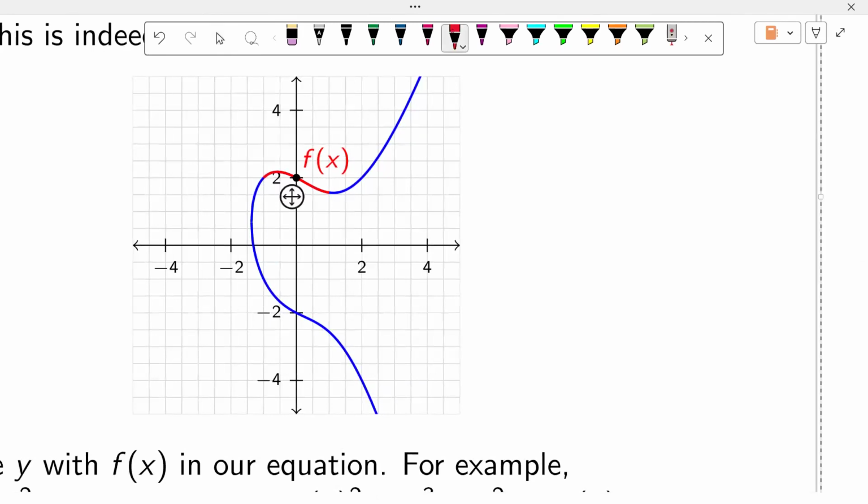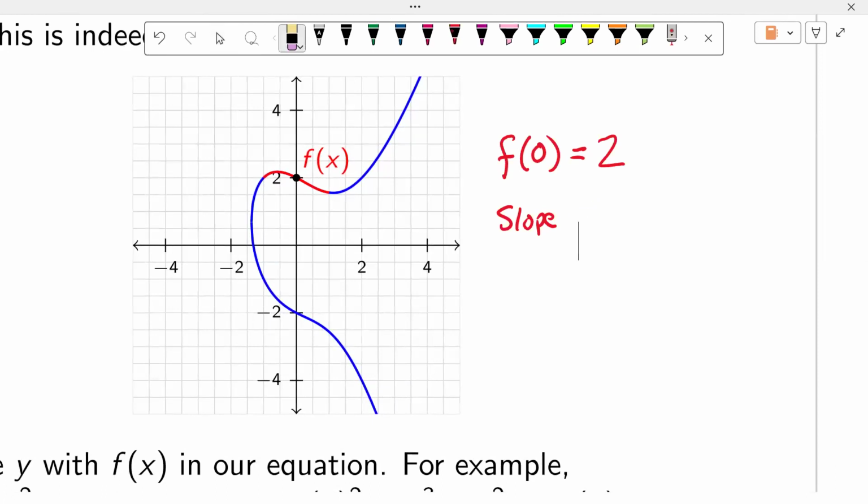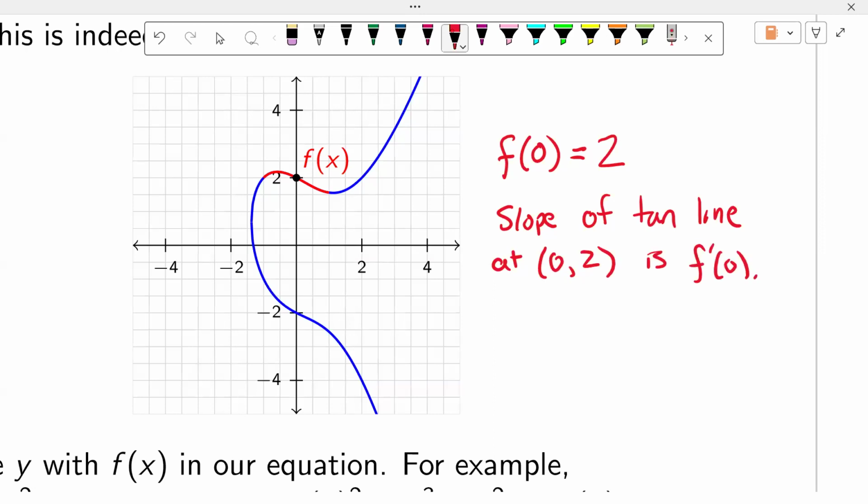Just in that red portion, I have a question for you. What is f of 0 equal to? 2, all right, you see that? And the slope of the tangent line at the point (0, 2) is whatever f prime of 0 is.